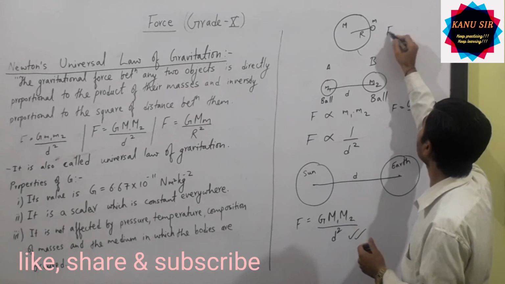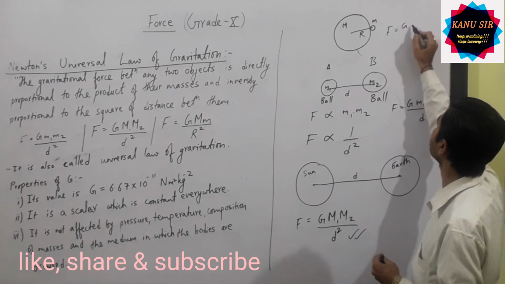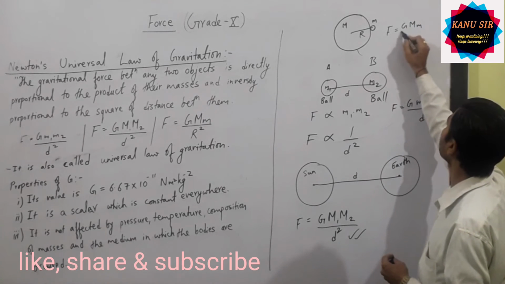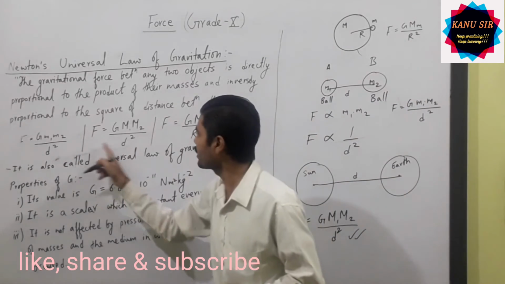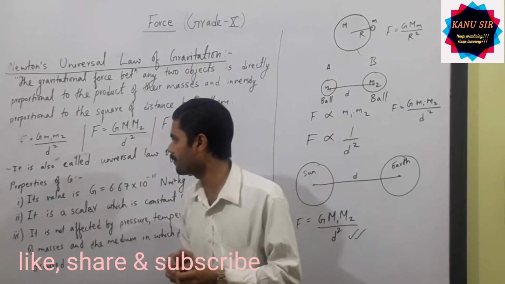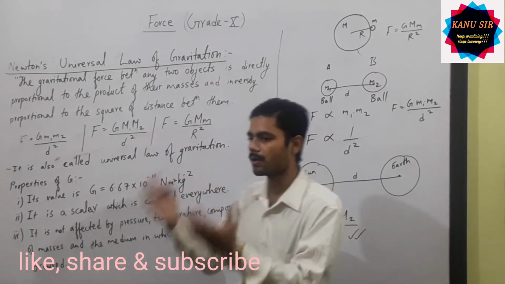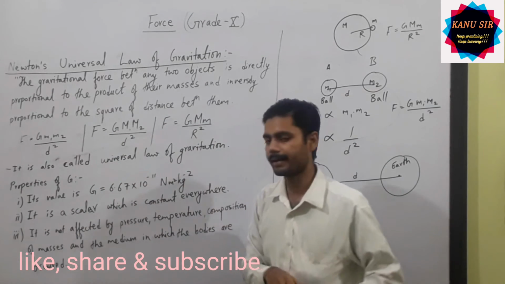So the gravitational force between the earth and our body is G capital M small m upon r square. Hence these three formulas which seem different are actually the same, and it is applicable to all the objects in the universe, which is why it is called the universal law of gravitation.